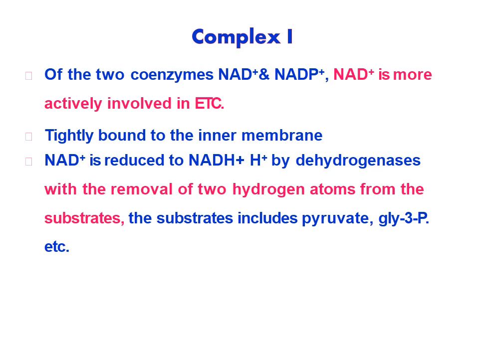How? From the substrate, 2 hydrogens will be removed. The substrates can be pyruvate, glycerol 3-phosphate. The 2 hydrogens will be removed and accepted by NAD plus, and the NAD plus will get reduced to NADH and H plus.